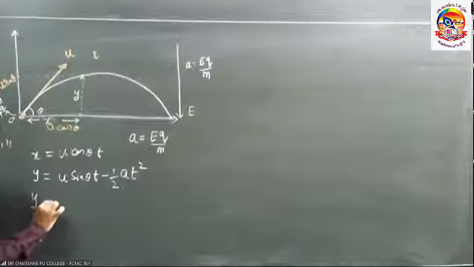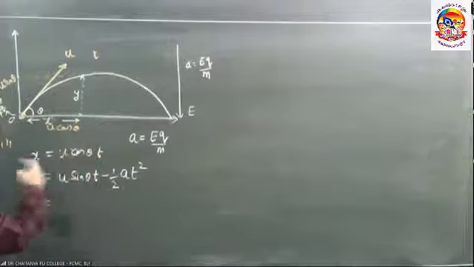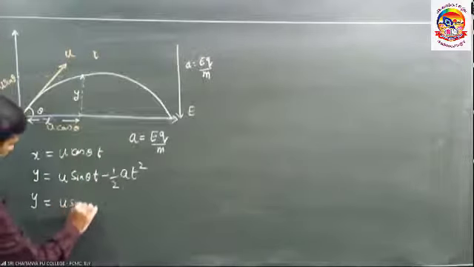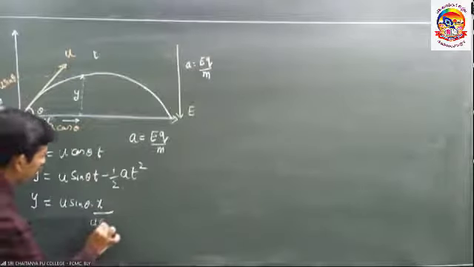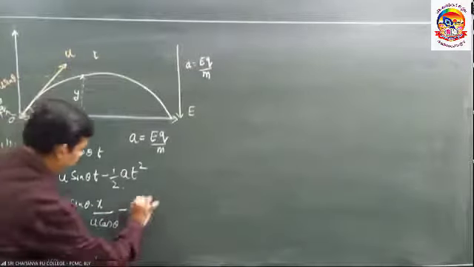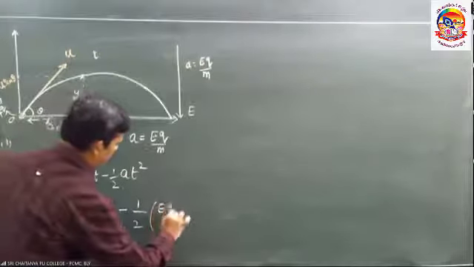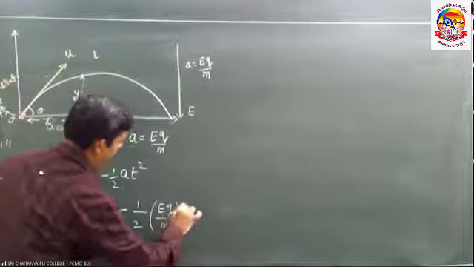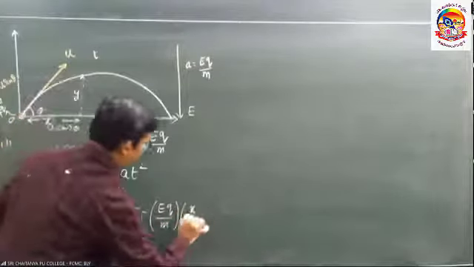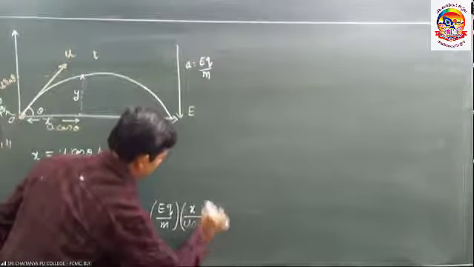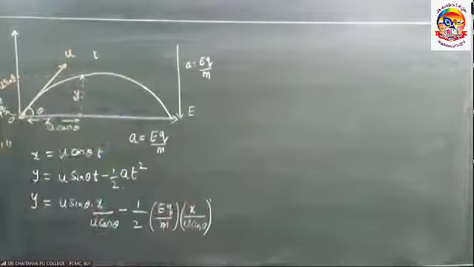Then, in y equals u sin theta t, t can be written as x by u cos theta. Is it clear?